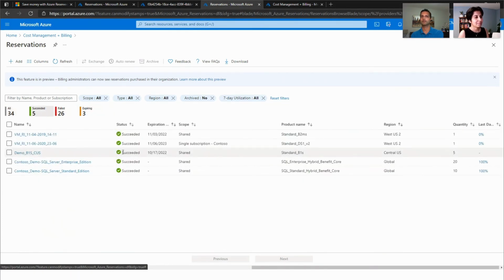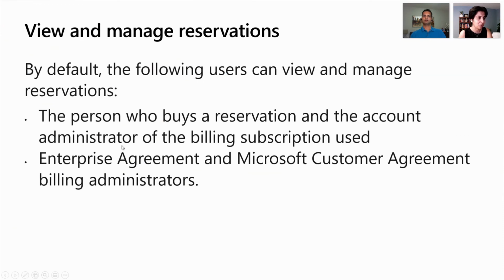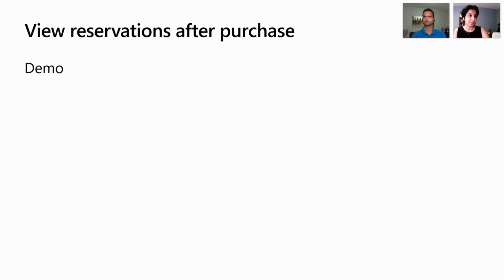And that's because I am seeing these reservations as a billing administrator, as an EA administrator, and I have access to all the reservations. I can see the utilization and stuff like that. So anyone who has purchased reservations against the enrollment, the enterprise admin or the billing admin can see it. That's neat. Anyone in your organization purchases, the billing administrator can go and see that reservation.